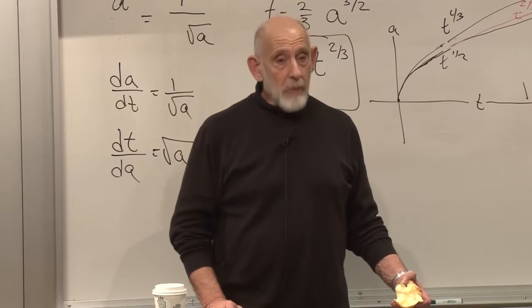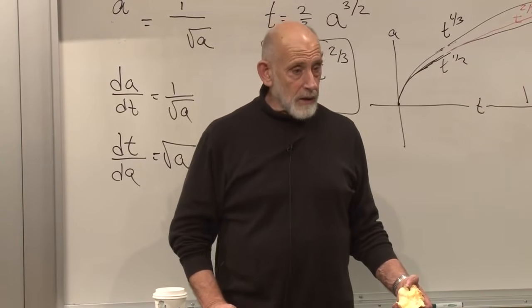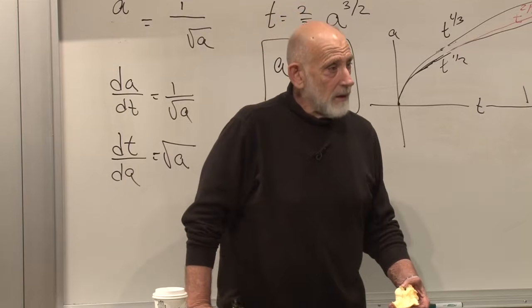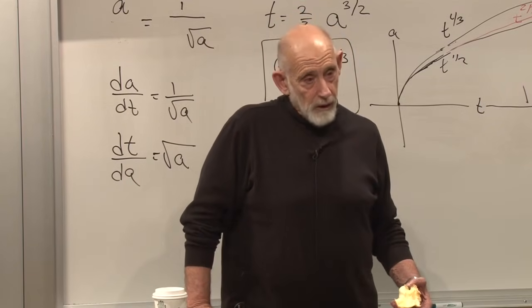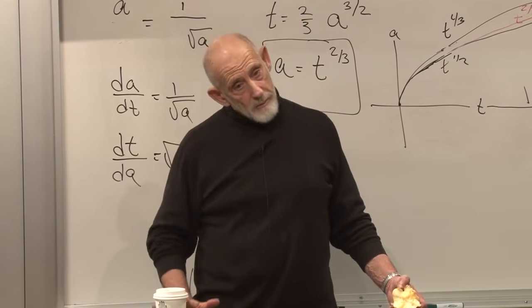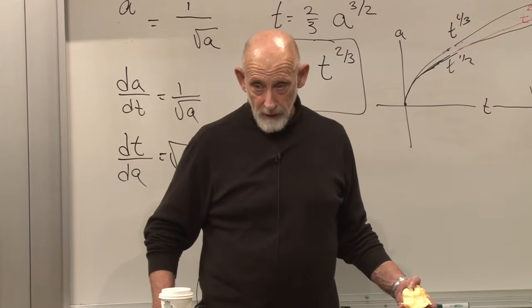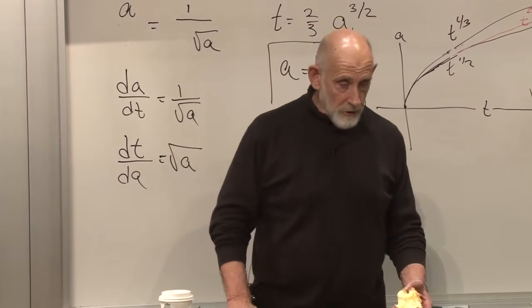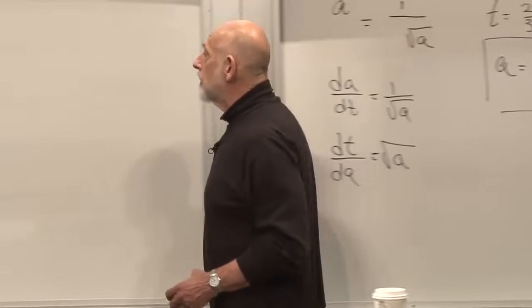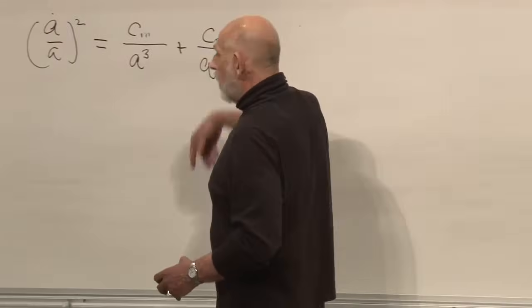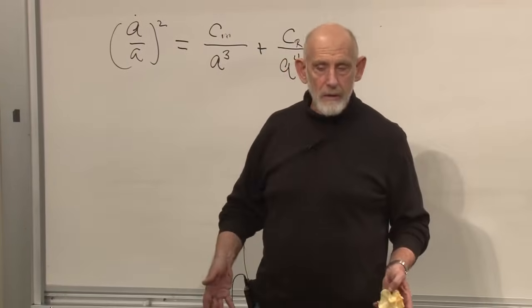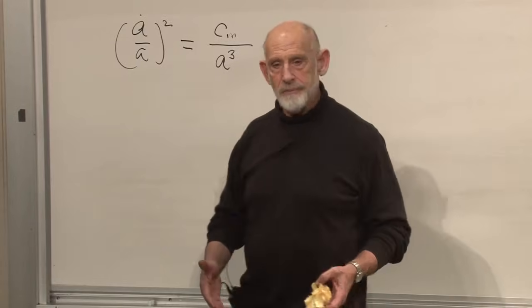But the mass is so tiny that even today, the neutrinos are moving with very close to the speed of light and simply mimic the same behavior as the photons. So there's a radiation component. The radiation component consists of all particles which are so light that they're moving with close to the speed of light.